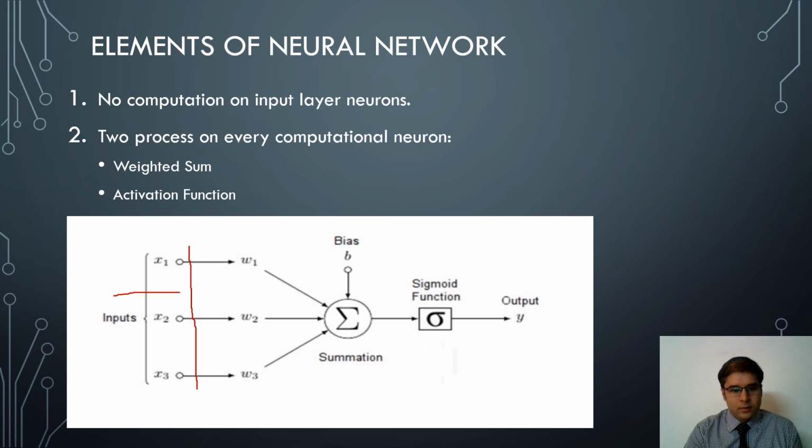So these all will go to the computational neuron directly, and there will be no computation on input layer neurons. After that, the computational neuron will do the weighted sum function and pass it to the sigmoid function in the same neuron, and finally give the output y.